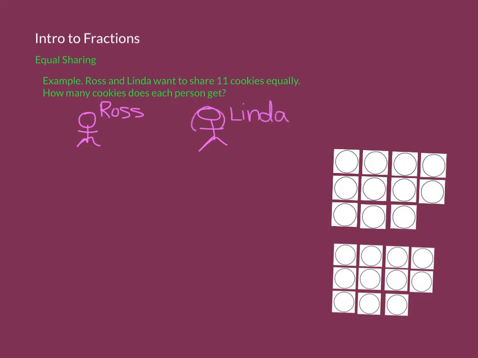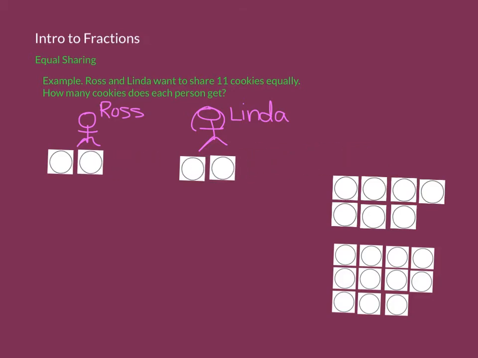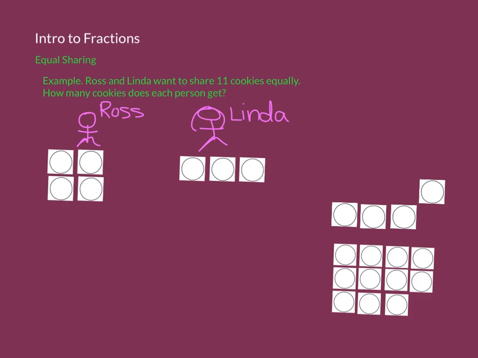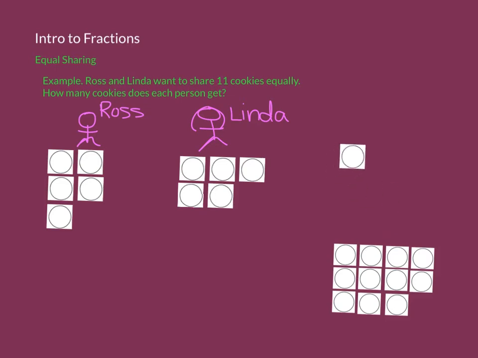And then what I often will have my students do is they'll say, well, I'm going to give Ross 1 cookie, and then I'll give Linda a cookie. And then I'm going to give Ross another cookie, and then I'll give Linda another cookie. They continue this process until they don't have at least 2 cookies left. Because if they don't have at least 2, they can't split them equally. Notice, after they split that, they're still going to have this one left.